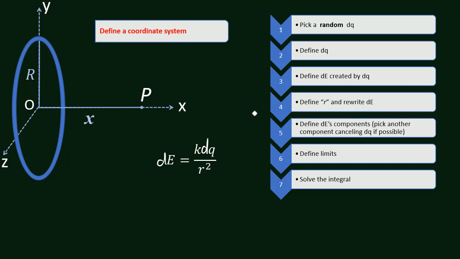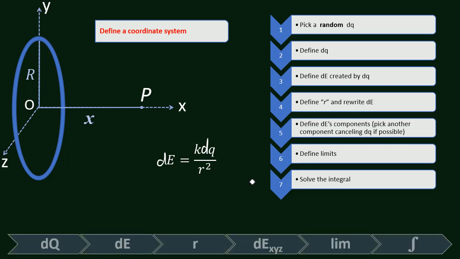We have to define that, and then we define our x, y, z components of our vectors, define our limits, which will show us where the charge is on our coordinate system, and solve the integral and reach a conclusion. So here is a summary of the steps, and we can have it as a guide while we're solving the problem.